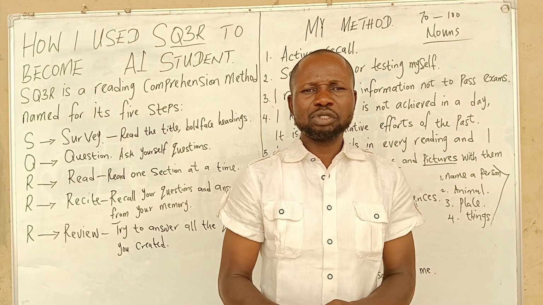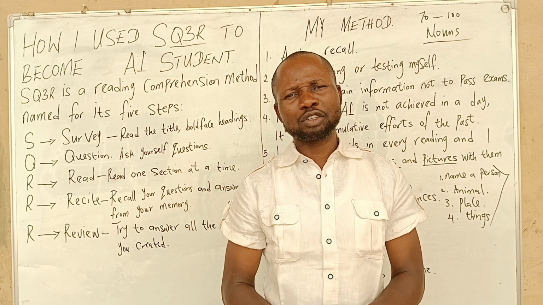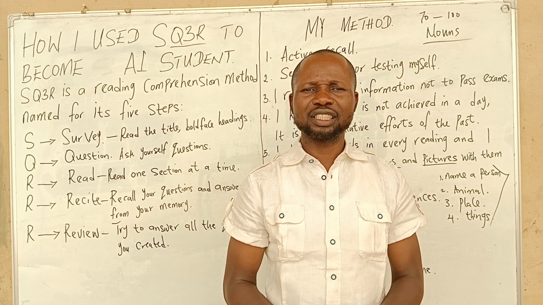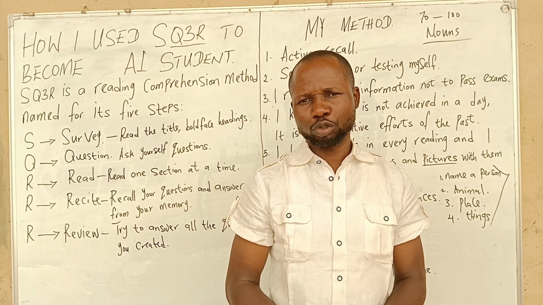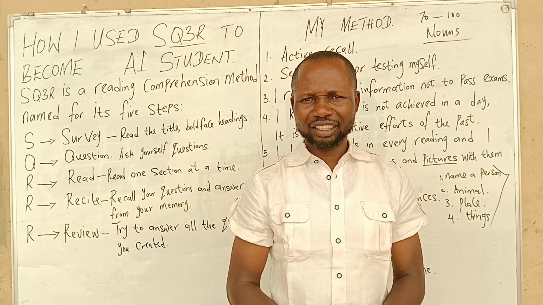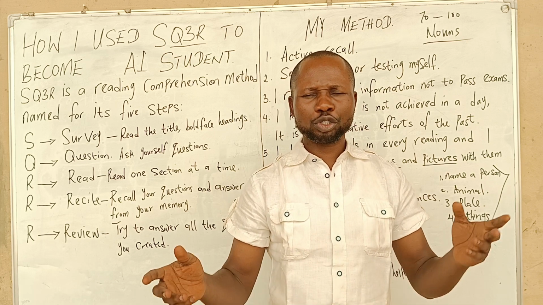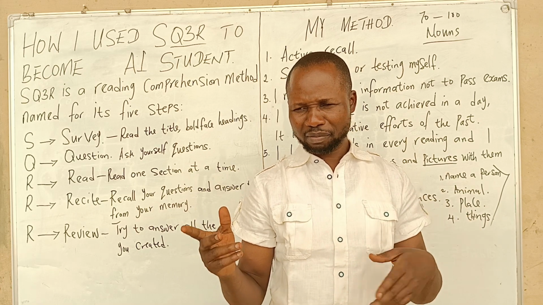And I name my theme the way I want. Because one of the things that makes students not to become A1 students is that they want to cram, they want to copy. But know what works for you. There is one of my videos, how to score A1 in WAEC English. I used, how do I remember it?